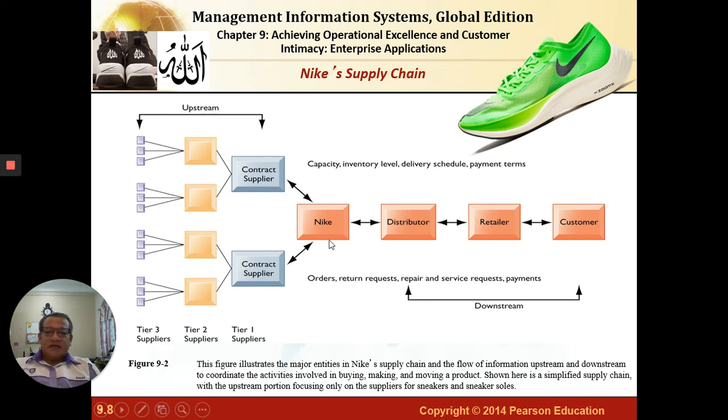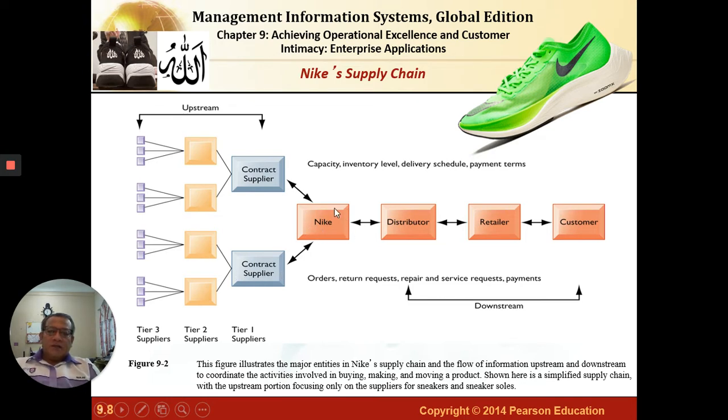In order to produce the shoes, Nike needs a contract supplier, for example, to supply the rubber sole or the leather parts of the shoes, and this leather supplier also needs other suppliers in tier 2 and tier 3. So the things continue in this way.